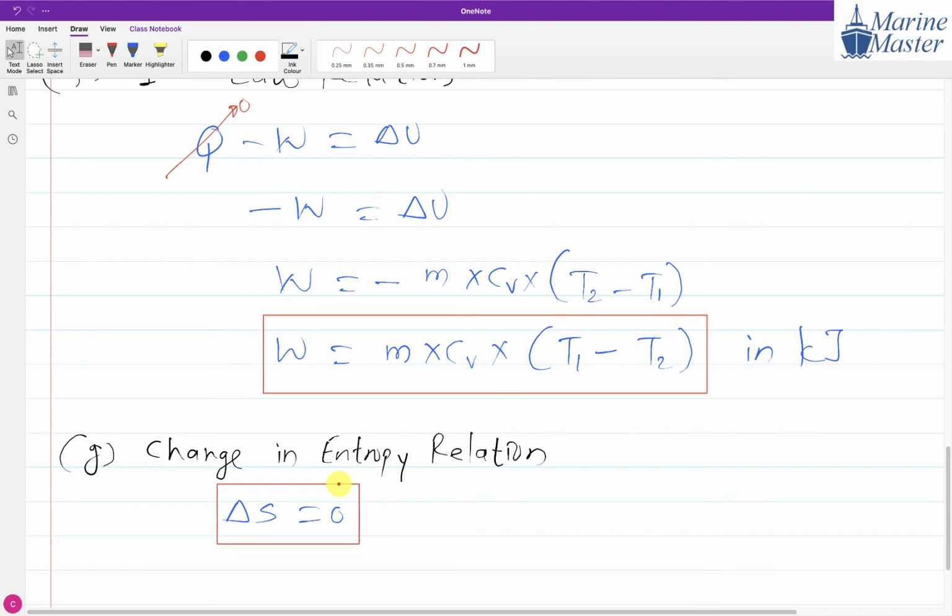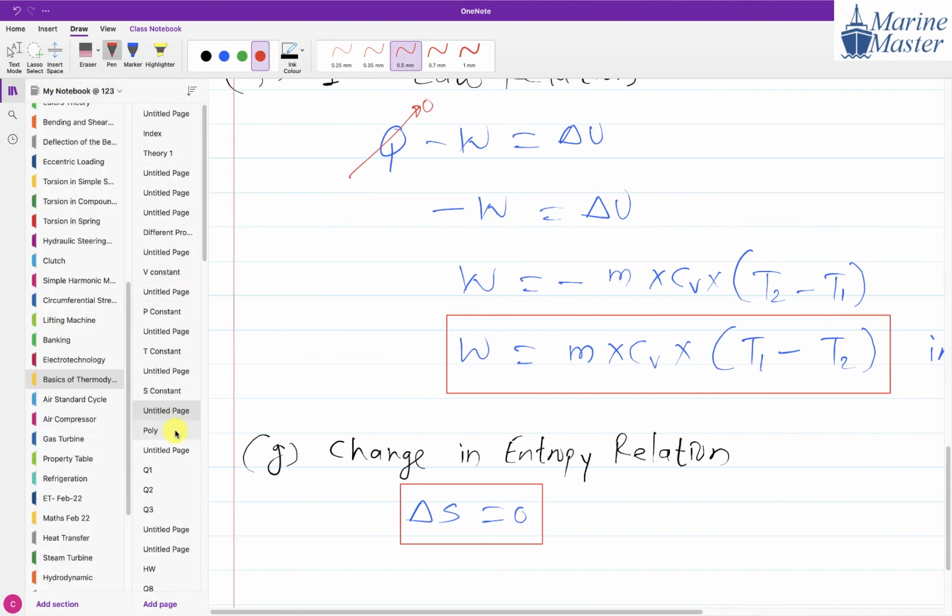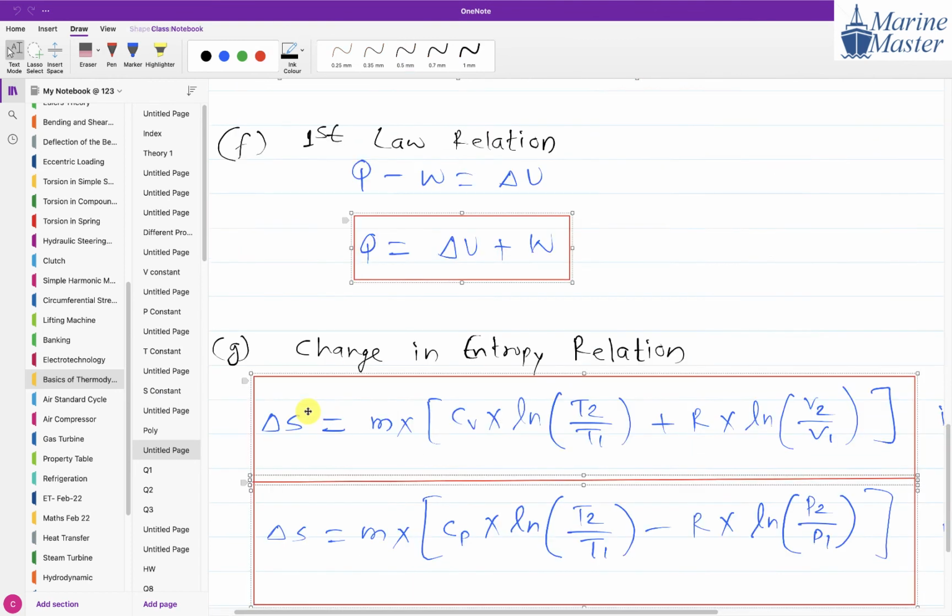Done, sir. Now last. What is our last process? Polytropic process. So the fifth one is our general category.